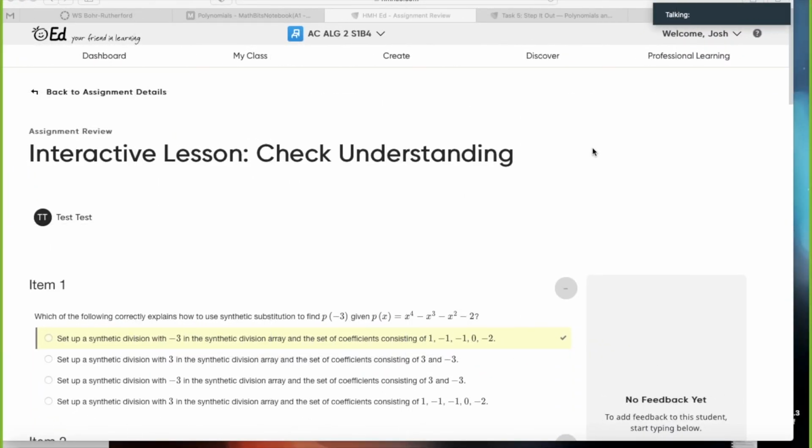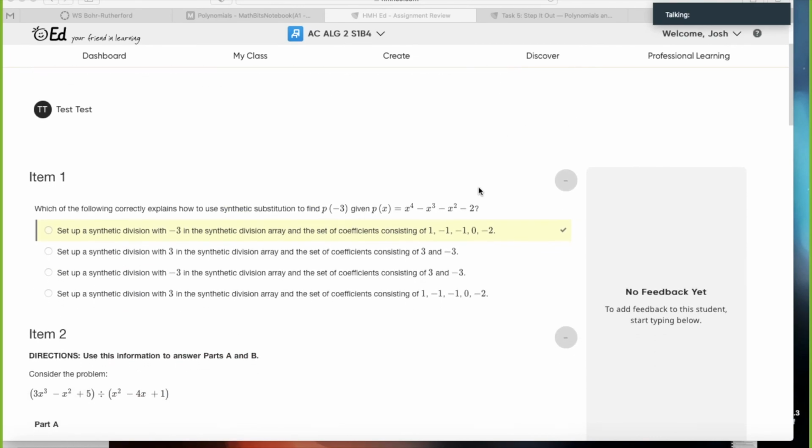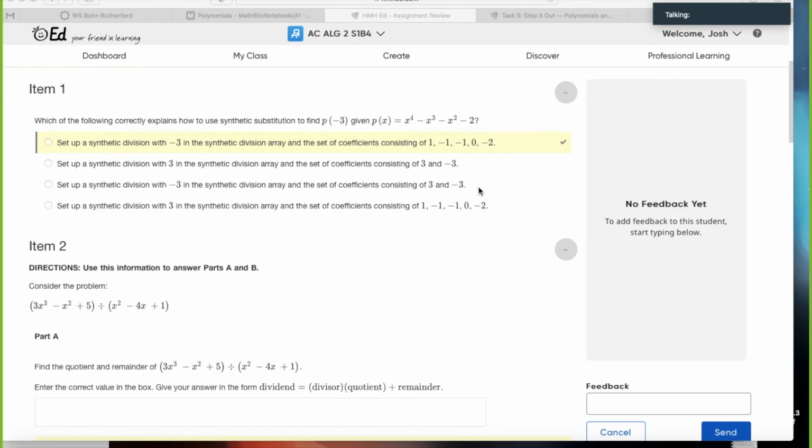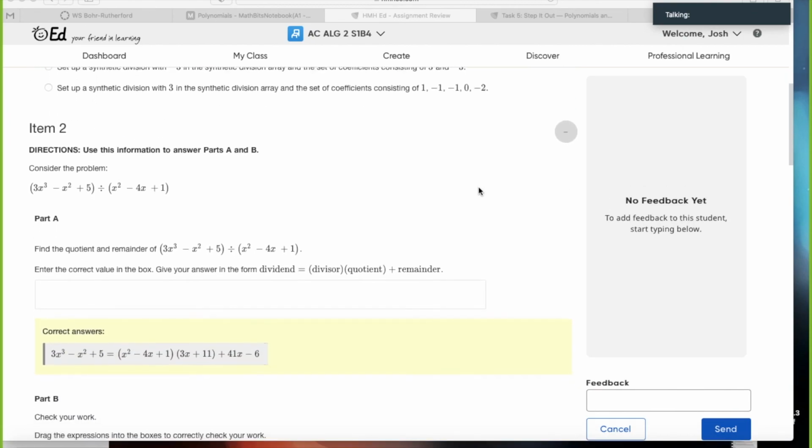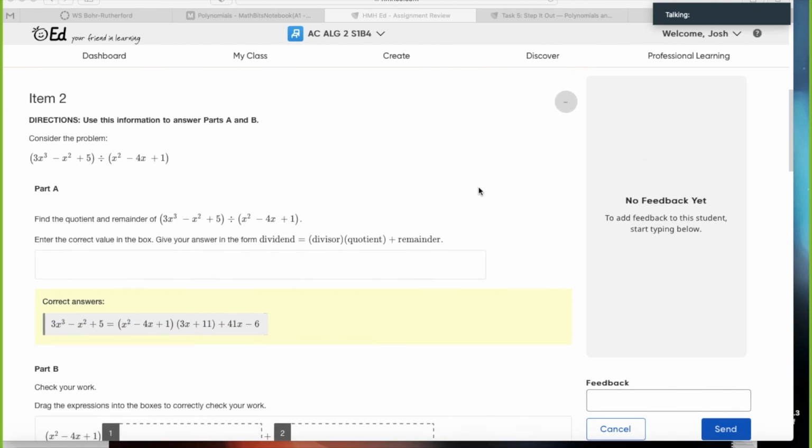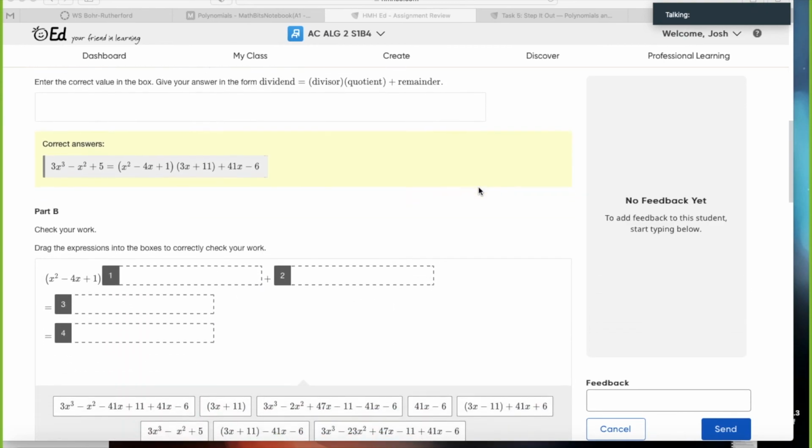Hey, I promised you that I would double check those answers, so here they are. So for our first one, set up the synthetic division with -3. I think that's what we had. So we're good there. Item 2, it gave us the answer in part B, so there's that.